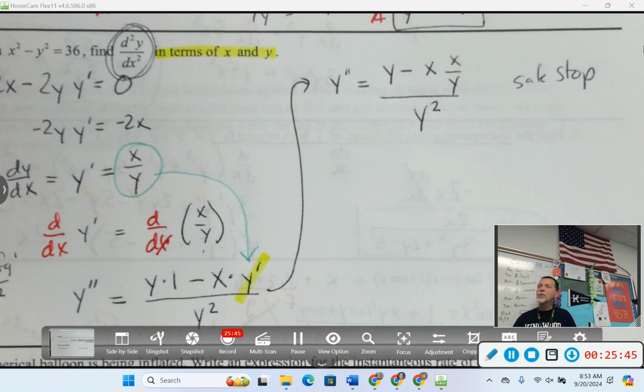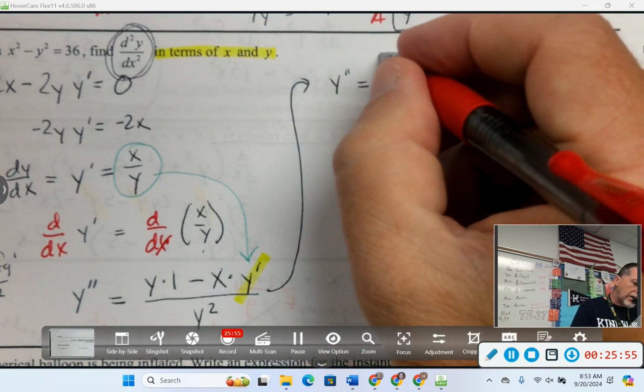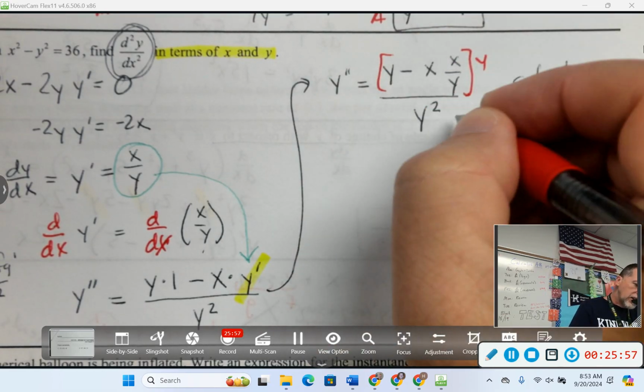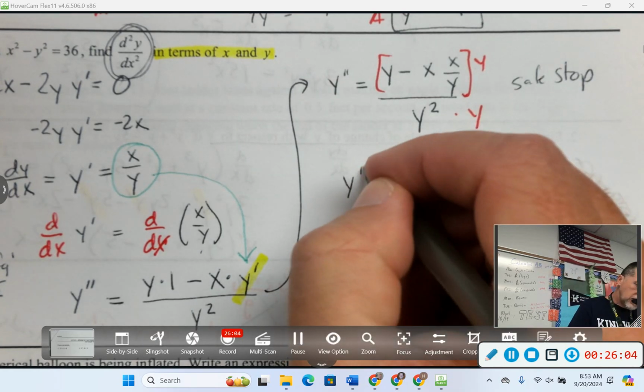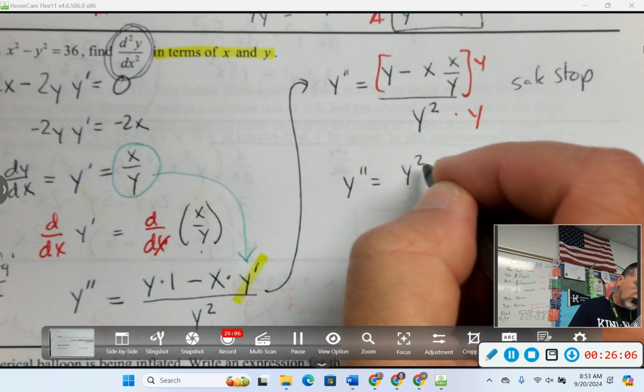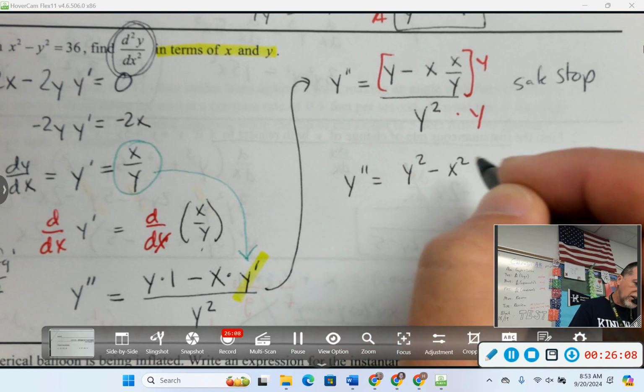But what if it's a multiple choice question? We don't like fractions and fractions. Multiply what by y? Top and bottom by y. That will clear that y out of there. So I'm going to multiply top and bottom by y to clear the y out. So second derivative is y squared minus x squared, right?